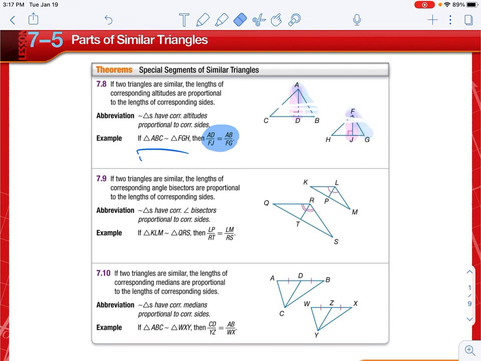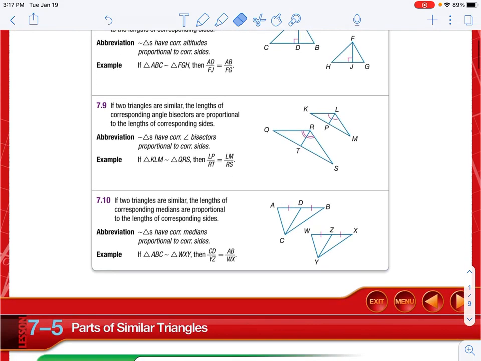So this is kind of like the idea that perimeter also followed through with the idea of the scale factor. The altitudes, as well as the angle bisectors and the medians that we'll both learn in a minute, follow through with that as well.